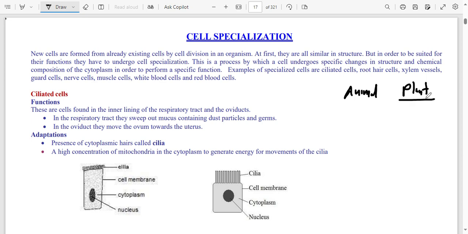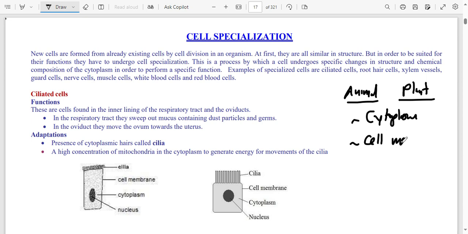So with that, starting with the similarities, these two cells have got a cytoplasm. What else? A cell wall.